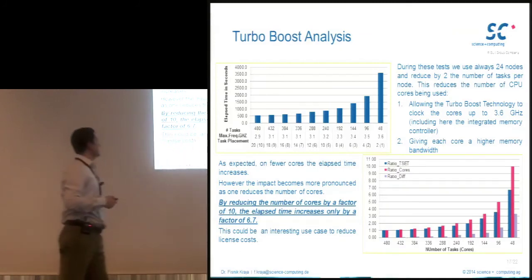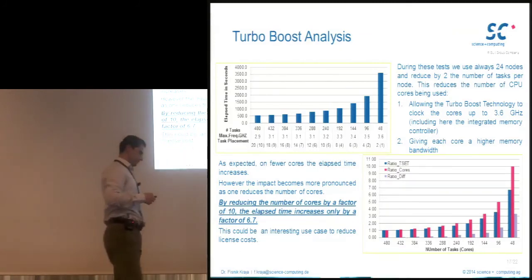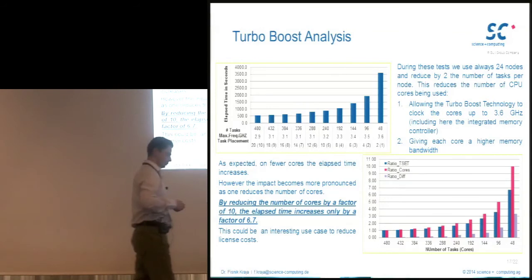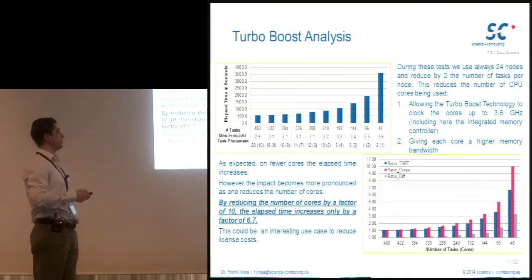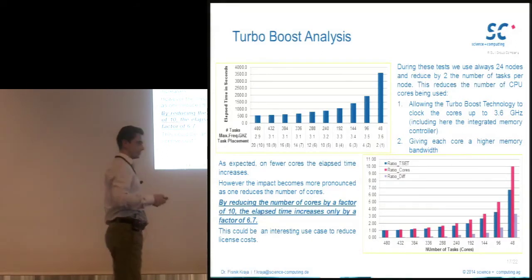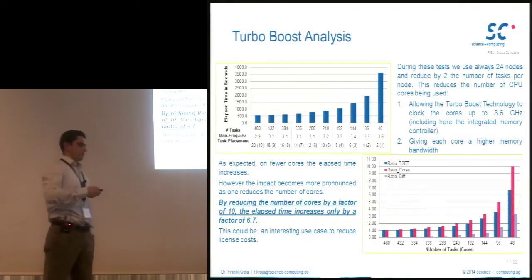So the other analysis that we did was to do tests on a fixed number of nodes. We just stick to 24 nodes and reduce by 2 the number of tasks among the runs.